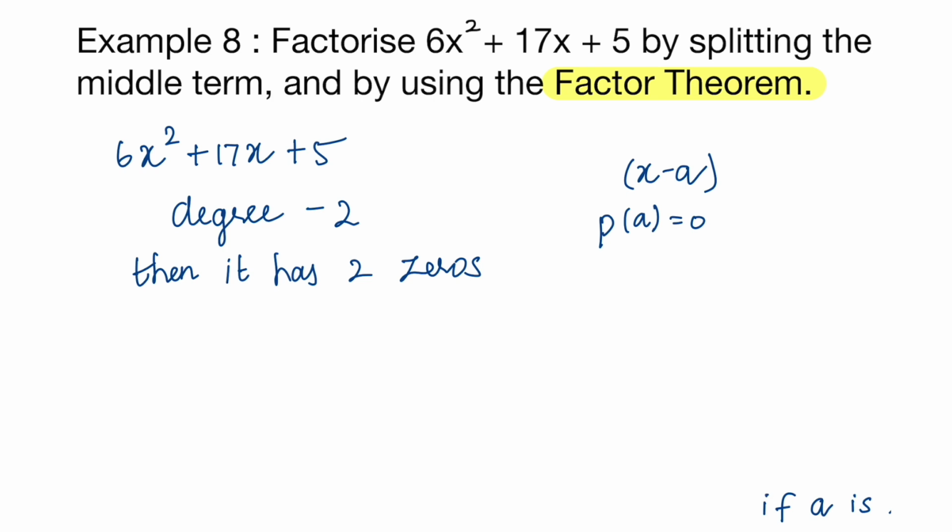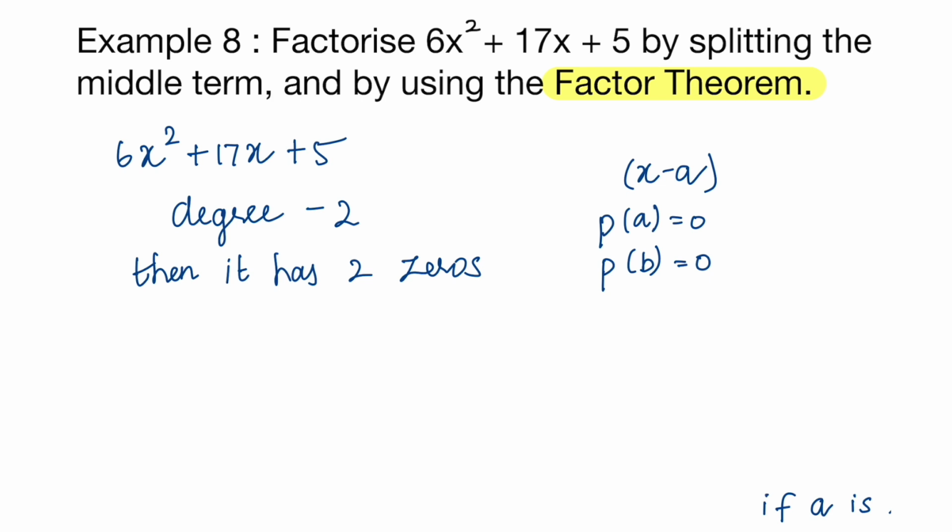This is something that we know. If a polynomial is degree 2, it has 2 zeros, meaning 2 values that can be zeros to the polynomial. So like A, there can also be another value B. P of B is equal to 0, because this is a polynomial of degree 2.